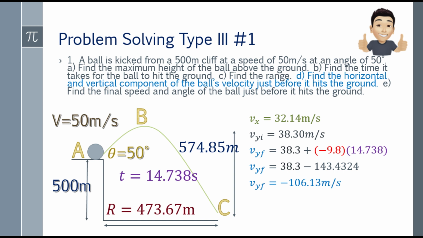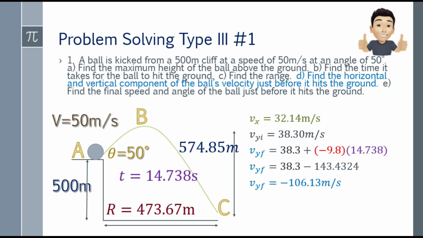You have to be careful with the sign. Why did I make the 9.8 negative? Because the ball is already going down. You'll notice you're above the 500 meters, right? When you get to B to C, it goes down. So you have to take the negative value. The final velocity will really be negative.